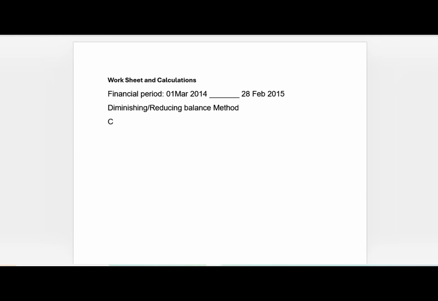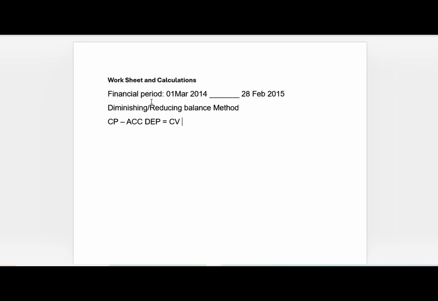All right, and then what does it say? Cost price, you less accumulated depreciation, you will get your carrying value.